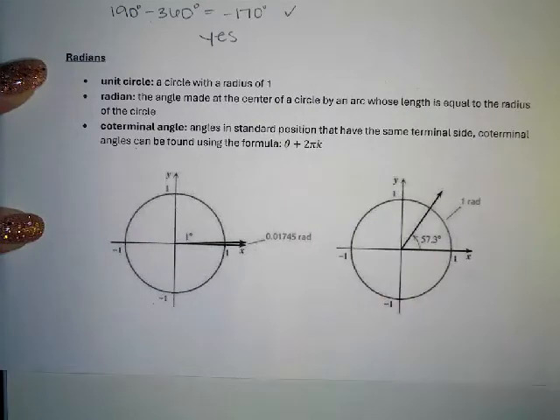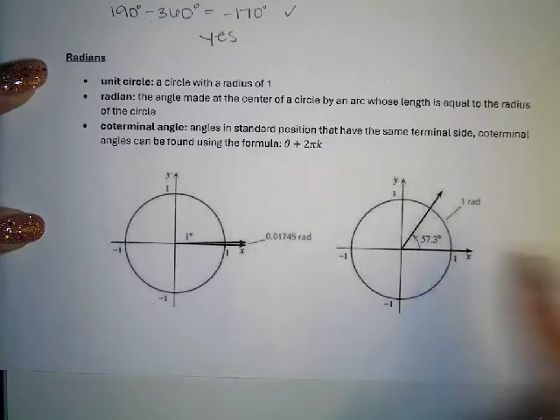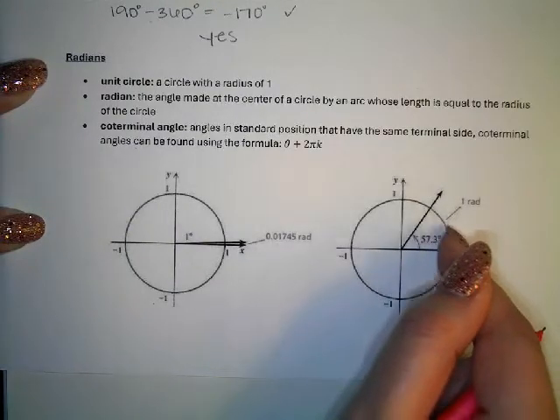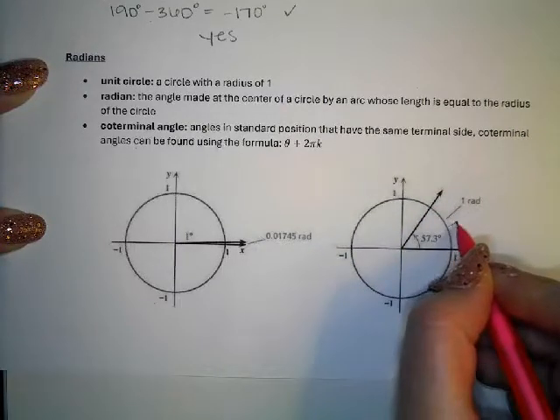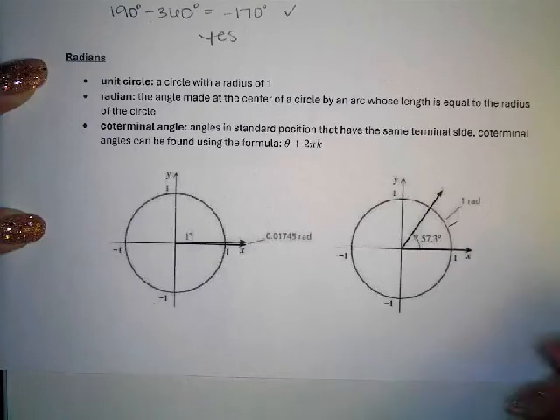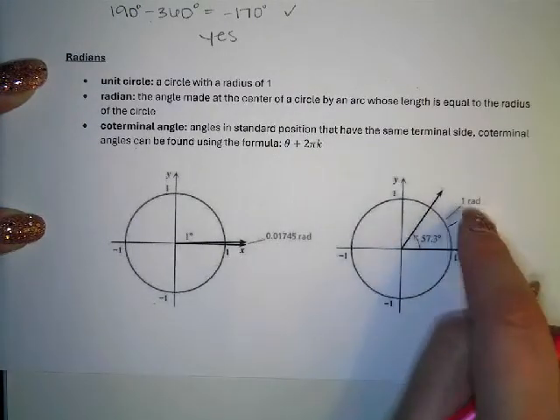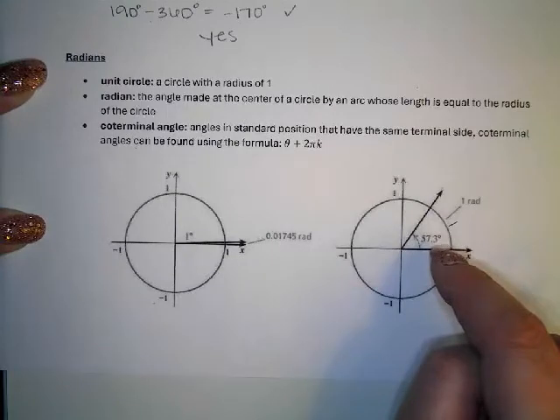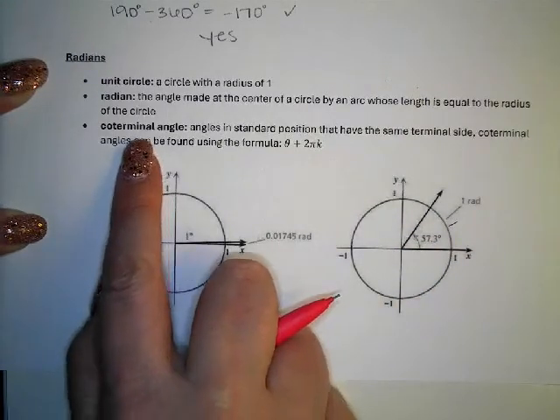If this radius measurement of 1 is copied over here and they make this arc a length of 1 as well, then this is the definition of 1 radian. And 1 radian is approximately 57.3 degrees. We'll talk more about how to convert between degrees and radians in a second. So that's how radians are defined.